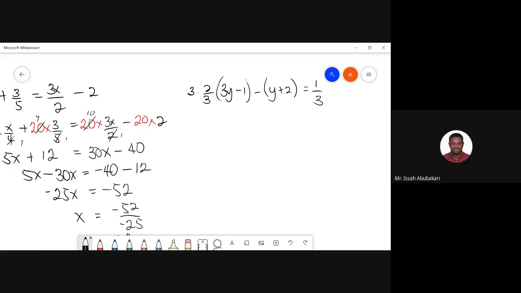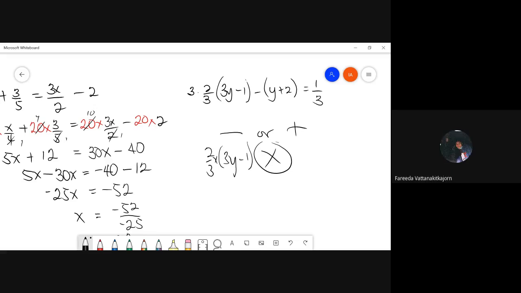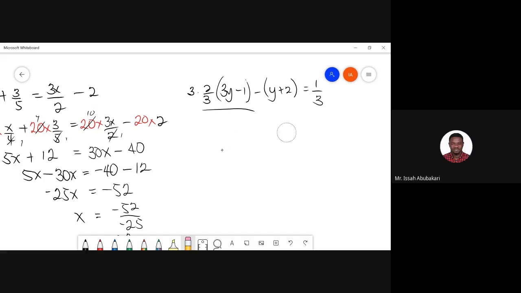So Farida, I quite remember I was saying that we can only know a term by minus or by plus. When it's multiplication, it is not a term. So when you see 2 divided by 3, 3y minus 1, there's a multiplication. So it's not a term. I think the whole of this is one term. Okay. So when it is multiplication, it's not a term. All right. So how many terms do we have?